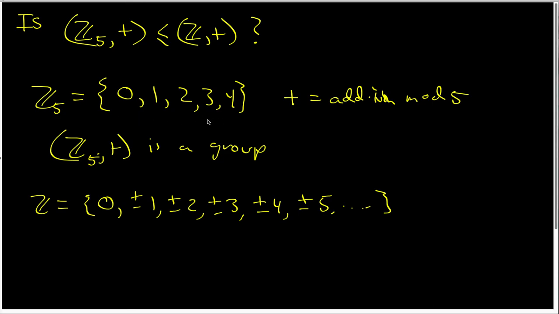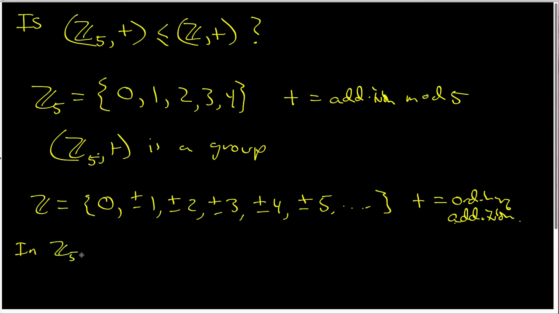because we're simply restricting it down to five particular numbers. But it's important to understand that addition mod 5 is not the same as ordinary addition. And the addition for Z is ordinary addition. And so what I want to be thinking of is a specific kind of example being built on these two things.